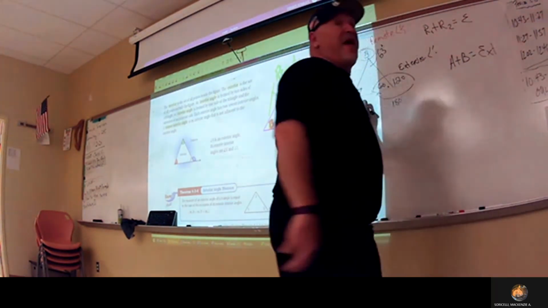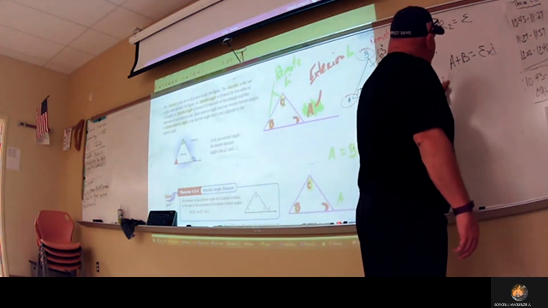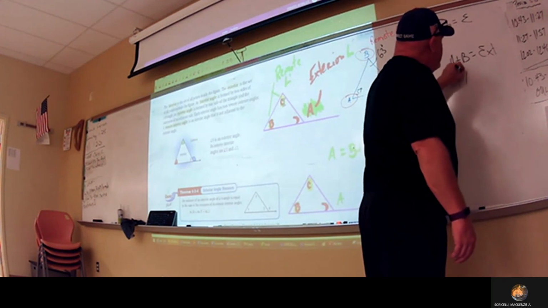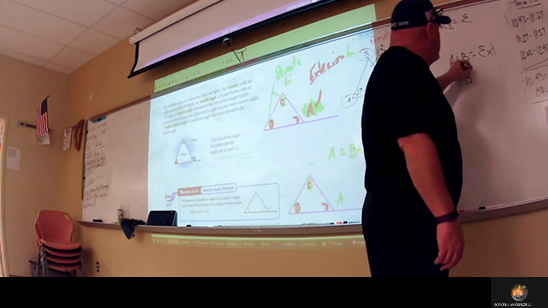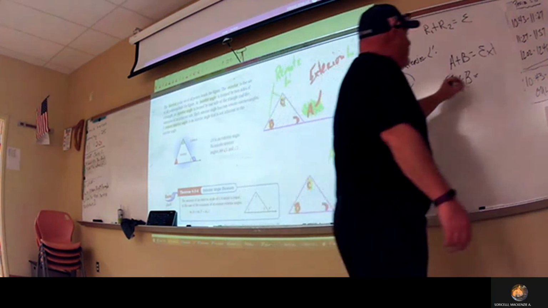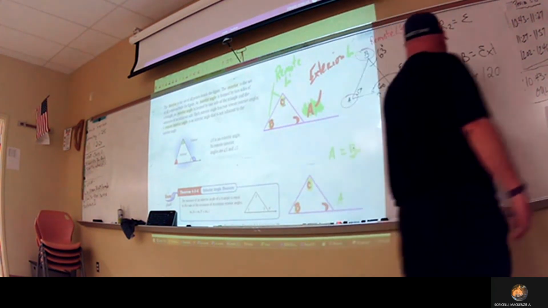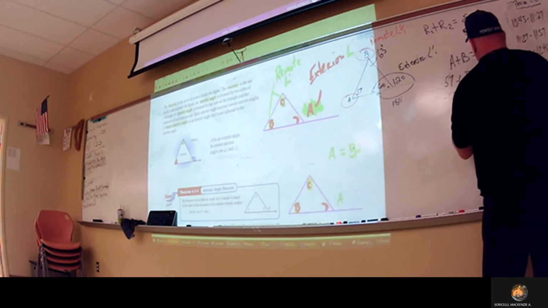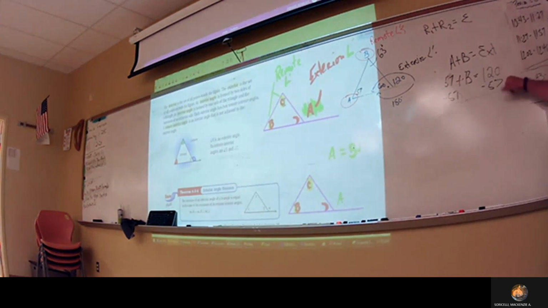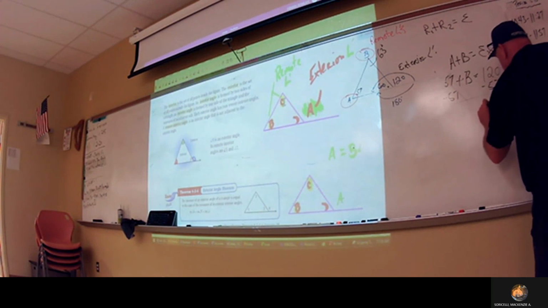So the value of A is 57. 57 plus the value of B, which we don't know, equals 120, right? So now I'm going to subtract 57 from here, and from there. That cancels out. 120 minus 57 is 63.